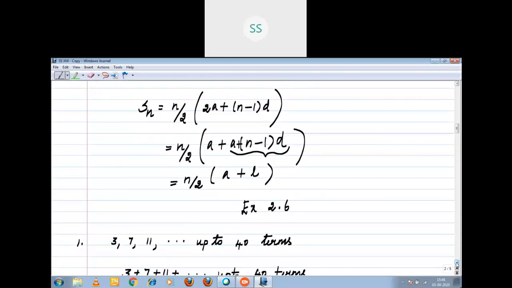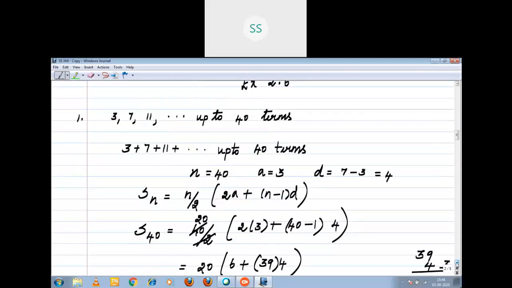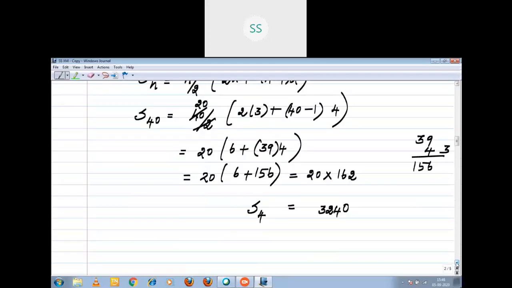Now, you should go to the second subdivision. What is the second subdivision? Anyone to read? 102, 97, 92, etc., up to 27 terms. The common difference may be positive or negative or decimal or fraction. Second subdivision: 102, 97, 92, etc., up to 27 terms.